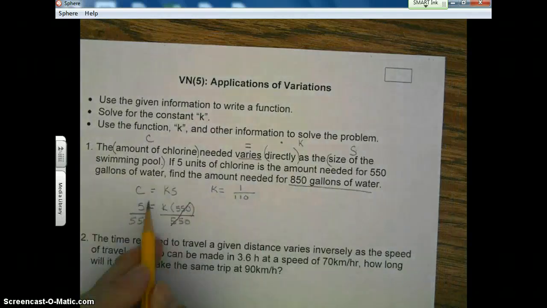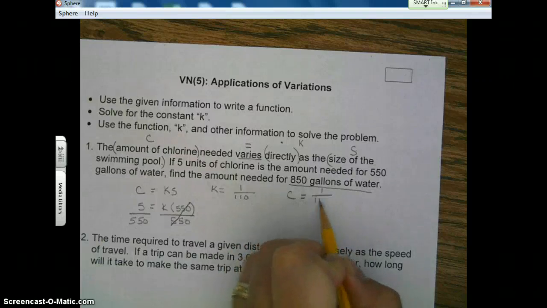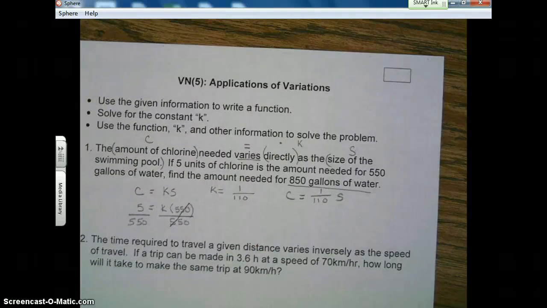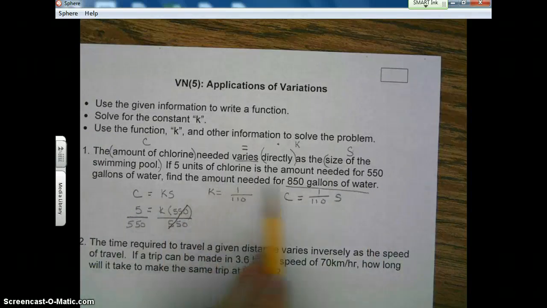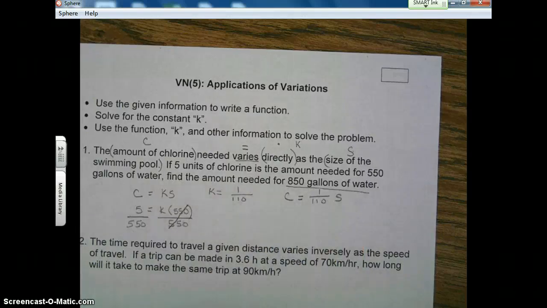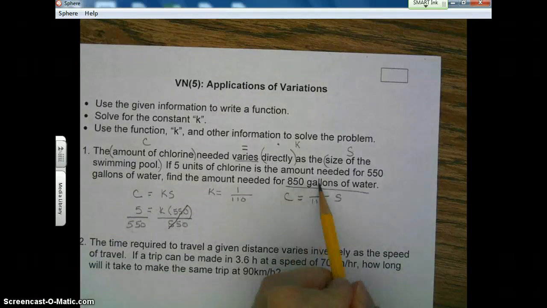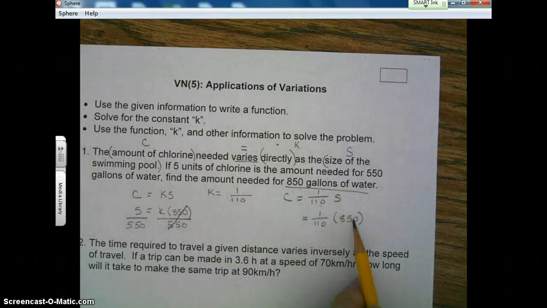Okay, now going back to the original equation, plugging in our K value, we can now solve the problem. It says find the amount needed for 850 gallons of water. Okay, so we're going to plug 850 in for S. Obviously, we have a larger swimming pool here.